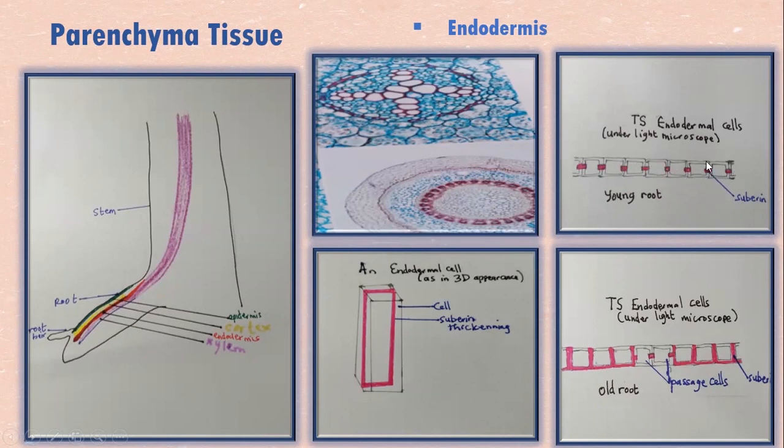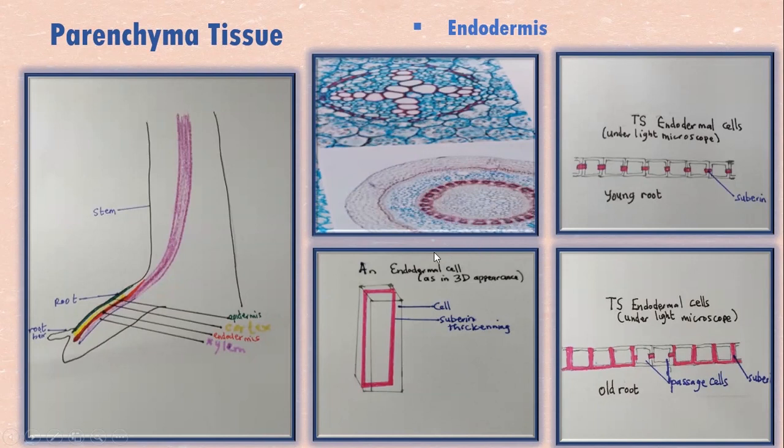And that strip is called the Casparian strip. It's one continuous strip of suberin. All right, good. So the Casparian strip is a waxy substance made up of suberin.